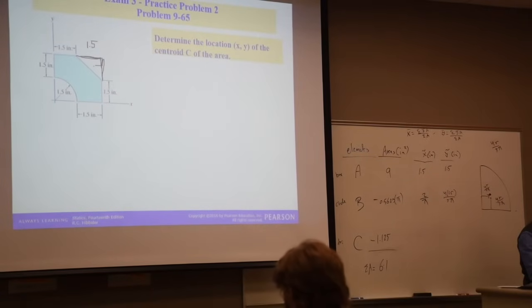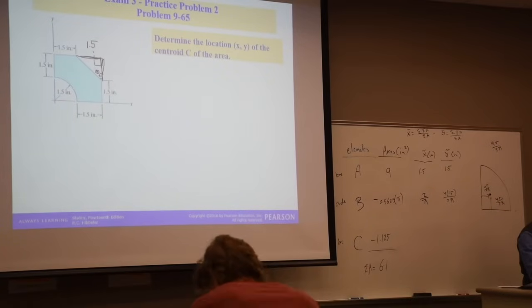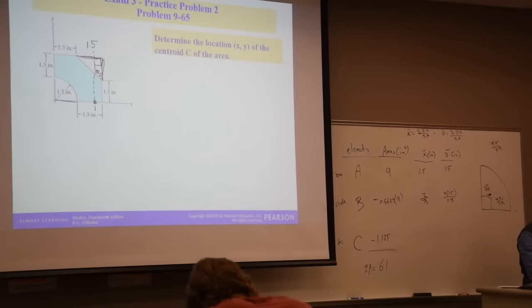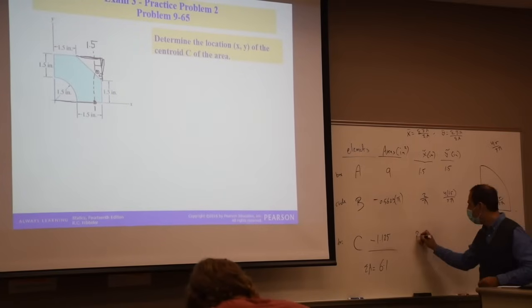What is the 1/3 of 1.5? 0.5. So that's 0.5. How much is this point here? It's 1.5 plus 1, it's 2.5. So that's your x, 2.5.